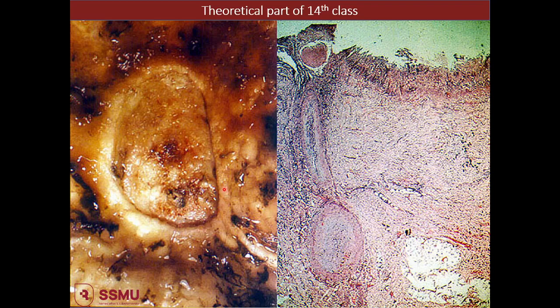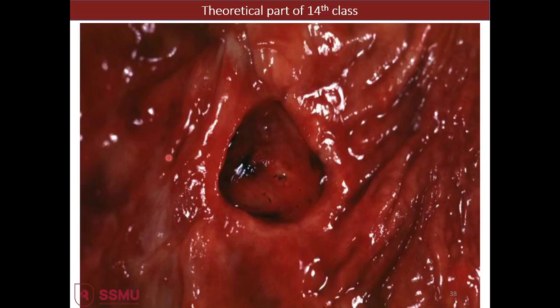You may see an ulcer, mostly a rounded formation, with a solid bottom in case of chronic ulcer, like here.